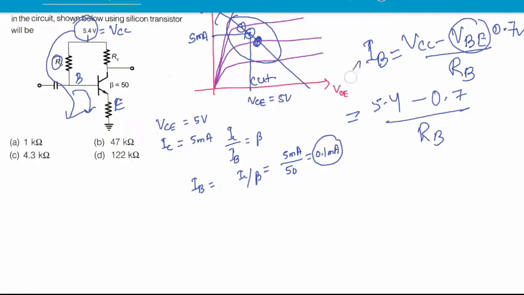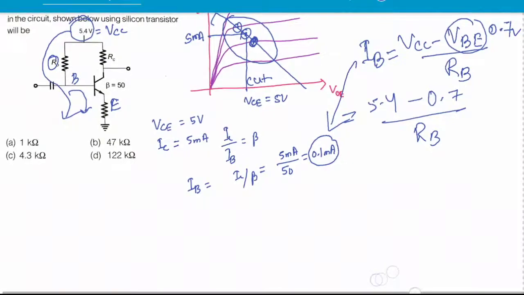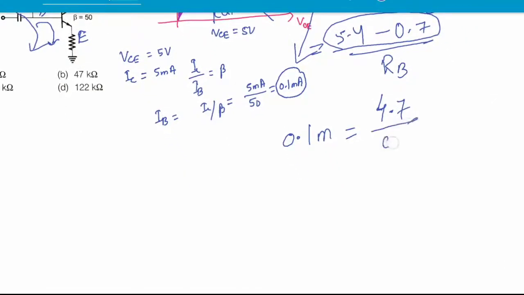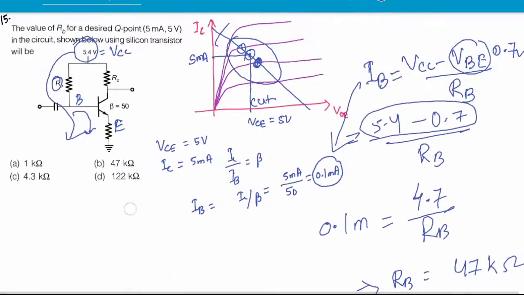So 4.7 by 0.1, because 5.4 minus 0.7 is 4.7, sorry, this is RB, and RB will be 47 kilo ohm. Option B is the correct answer.